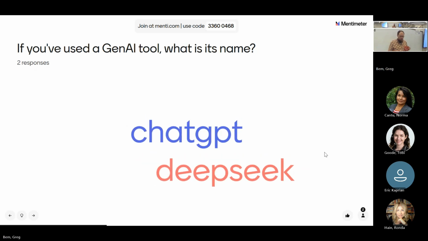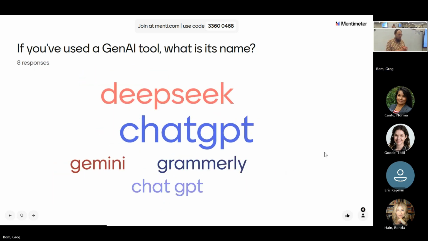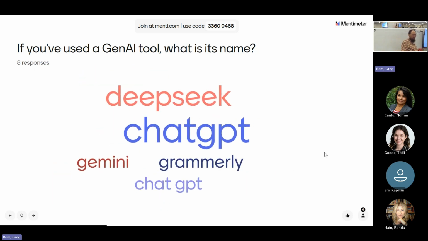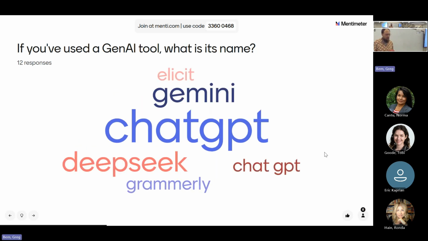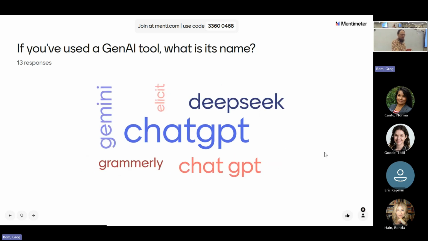DeepSeek, ChatGPT, Grammarly, great. Reminds me, I need to do a Grammarly workshop soon. Gemini. Oh, there's one for ChatGPT. I'll give it one more second here. Elicit, nice. Curious who used that one.